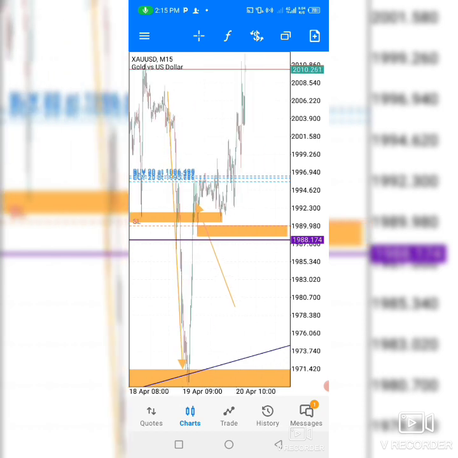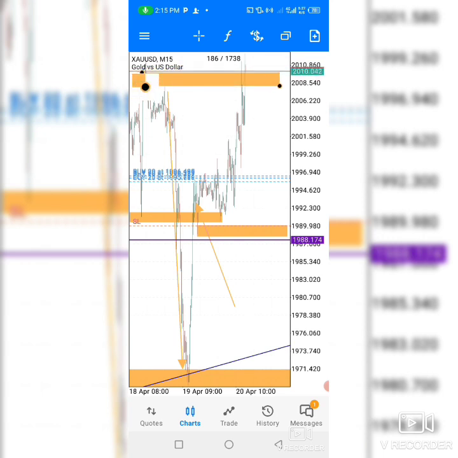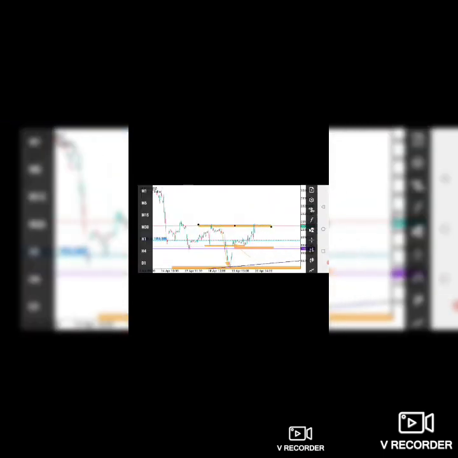Take for instance, I want to sell gold here. A lot of people will be pressurized. They want to sell gold. I'll just risk $1 and place my stop loss above here. Any technical area that you think like any swing zone is likely going to be an opportunity. So it is probable that price can swing low.